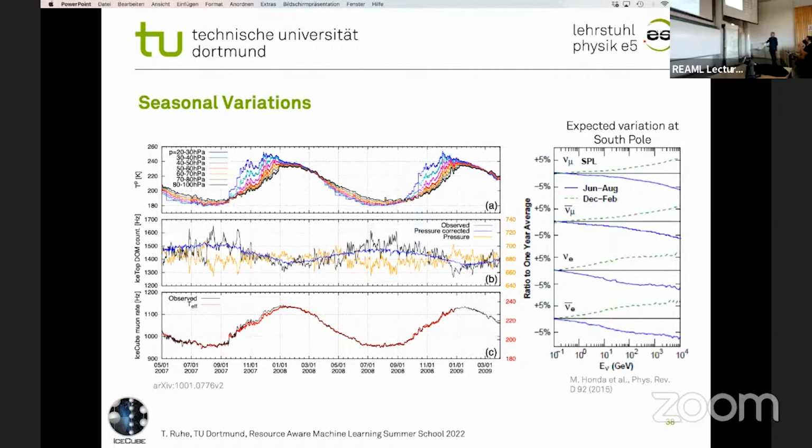And the effect on the spectrum is actually tiny, and you can see that it also varies with energy. So IceCube can start to measure approximately right here. And you can see, well, for the season June to August, so summer basically, we expect a smaller flux, decreasing with energy. And December to February, we expect an increasing flux.